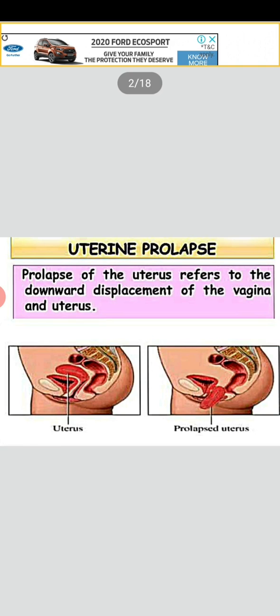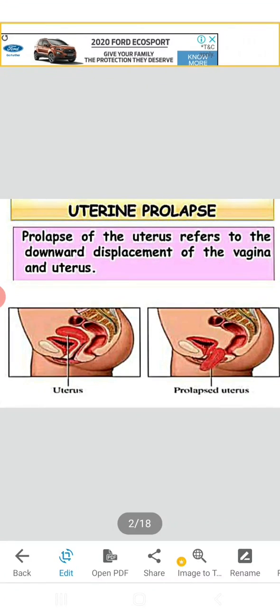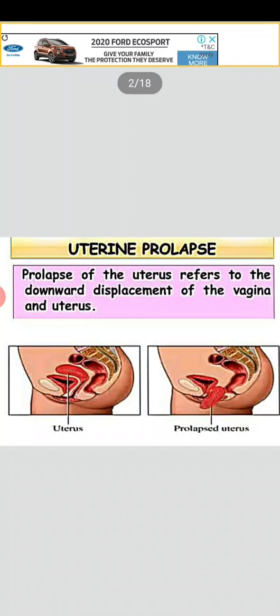The prolapsed uterus refers to the downward displacement of the vagina and the uterus. Downward displacement. Retroversion, on the other hand, means backward displacement. That is the difference between uterine prolapse and retroversion.